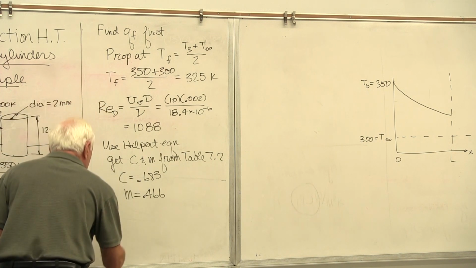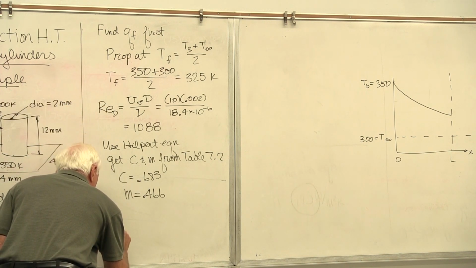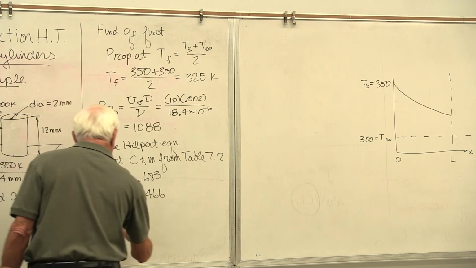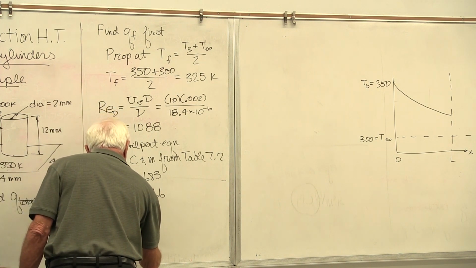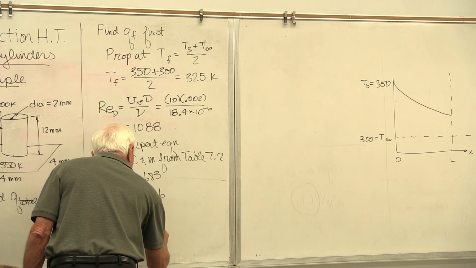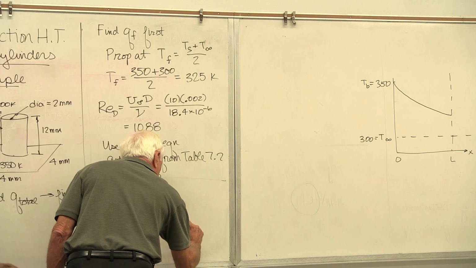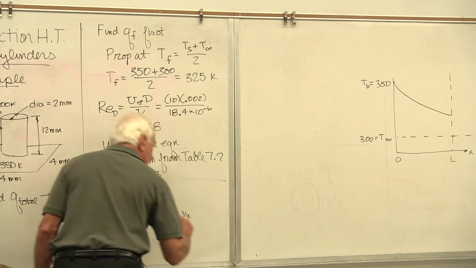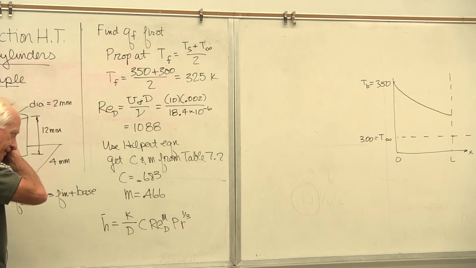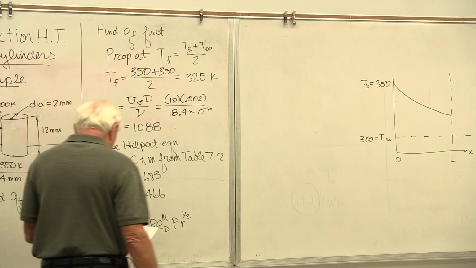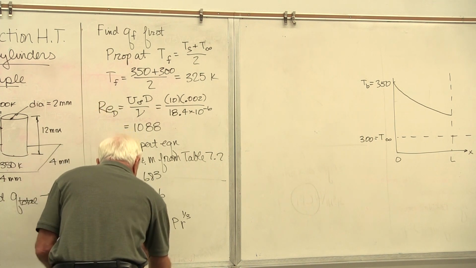And then Hilpert, H bar, and we have our D, so our D goes down here, our k goes up here. C, Reynolds, D to the m, Prandtl to the 1/3, Prandtl 0.7. Get k from the back of the book, get the viscosity from the back of the book. You got C and m, put them all in there one more time, and you get H bar 221.